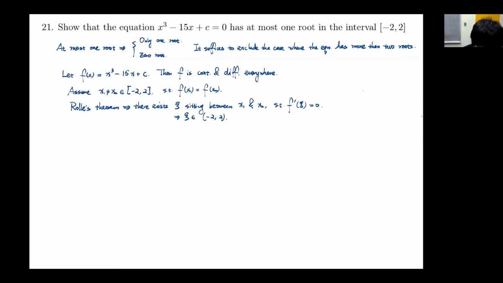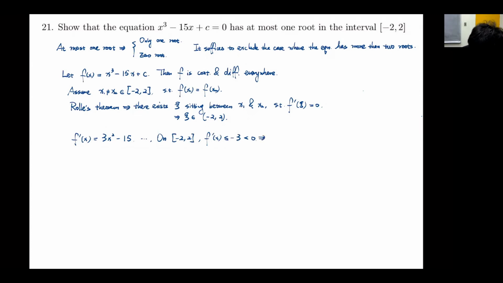Now let's see if that's possible. If you look at f prime of x, it is precisely the same as before: f prime of x equals 3x squared minus 15. Using the same argument as in 21 prime part 2, on -2 to 2, f prime of x will be less than or equal to -3, which is strictly less than 0.